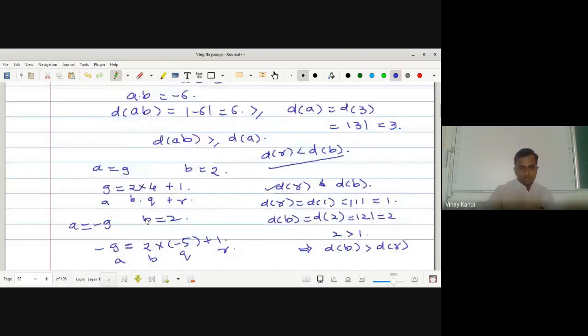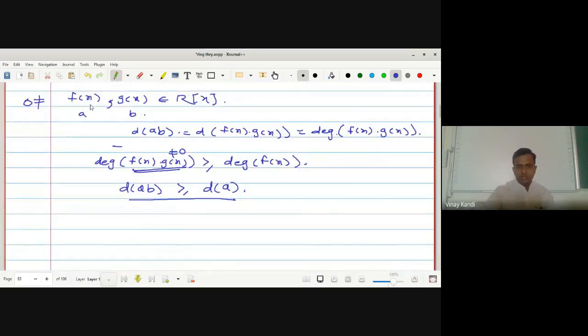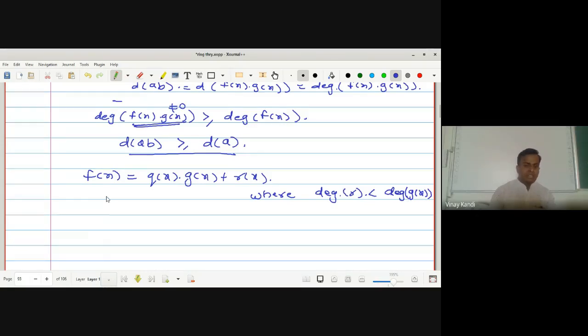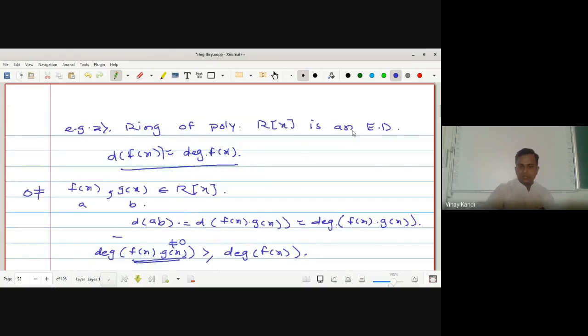Now the second condition. Let's suppose f(x) and g(x) are two polynomials such that g is not equal to 0. Then we can find f(x) is equal to q(x) into g(x) plus r(x), where degree of r(x) is less than degree of g(x). Okay, if a polynomial is given, a polynomial can divide another polynomial, and whatever remainder polynomial there is, its degree is always smaller than g(x). We will prove this in the next theorem. If it divides completely, then r(x) will either be 0 or a remainder will come. Okay, so ring of polynomials is an integral domain.